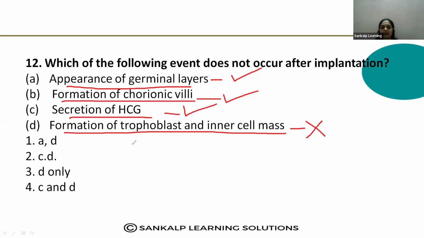Before the implantation it forms, and then the cell gets implanted in the uterus. So option D, 3, is the correct answer. The 12th one, third one, yes, is the correct answer.